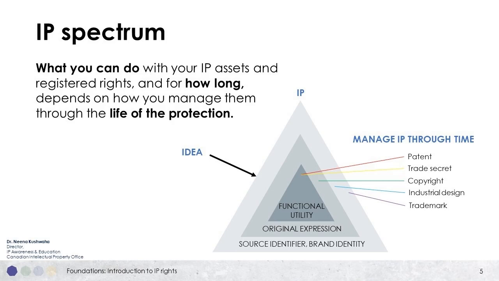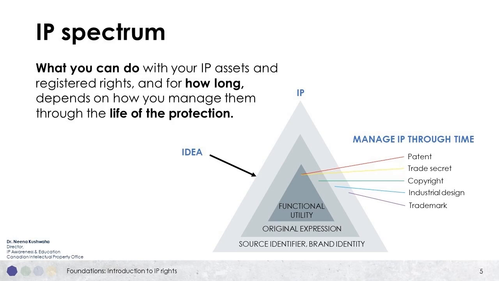So things like photos, manuals, websites, in the case of software, the exact code, which can be protected by copyright. And finally, often a brand or a look of a product and service that helps customers identify the identity or the source of that product and service. So these things can be protected by trademark and/or an industrial design.